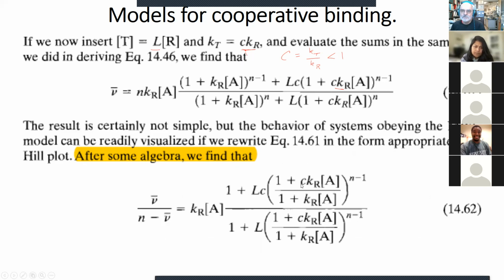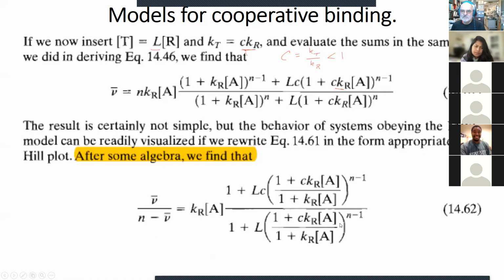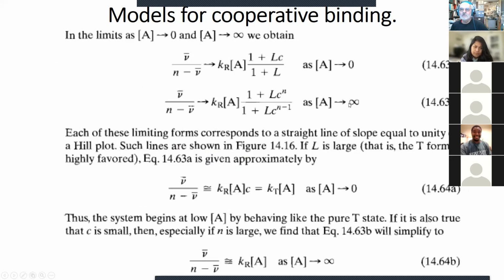And what you are left with is a C raised to the n minus 1 power, C raised to the n minus 1 power. So this will end up being C to the n. Okay, and in the denominator, you'll get a C to the n minus 1 because there's no C out here. So as A goes to infinity, it will give you a different expression. All right. They're basically trying to break this down to help you understand how you might interpret this.